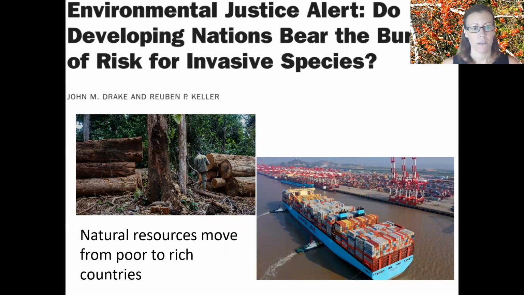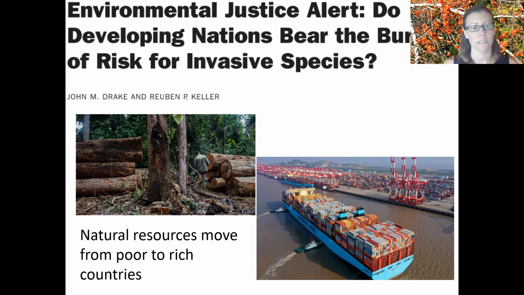And these guys work specifically on aquatic invasions, so marine invasions, especially those associated with ballast water. They were arguing that there is a directionality in the movement of natural resources: the movement of really bulky, really heavy goods tends to go from poor countries to rich countries.